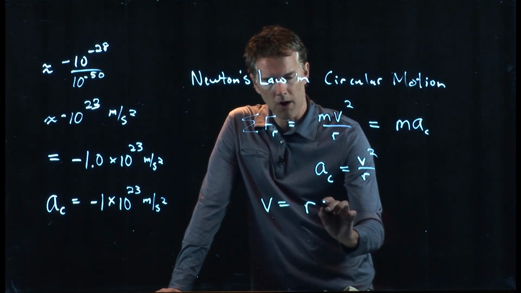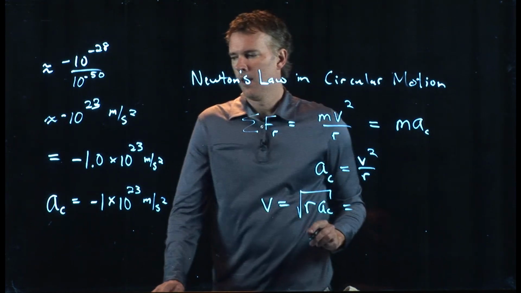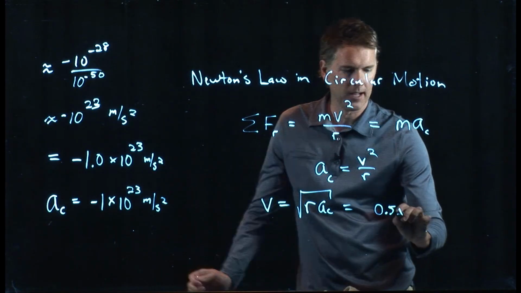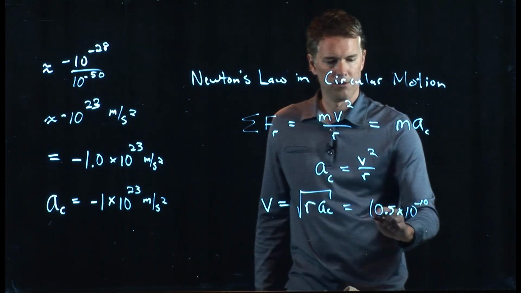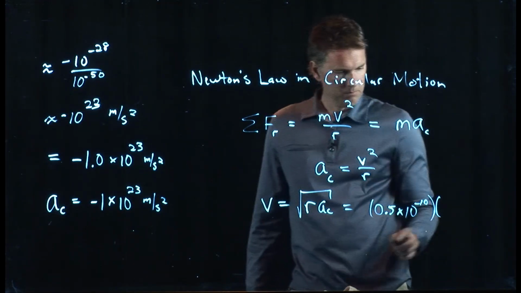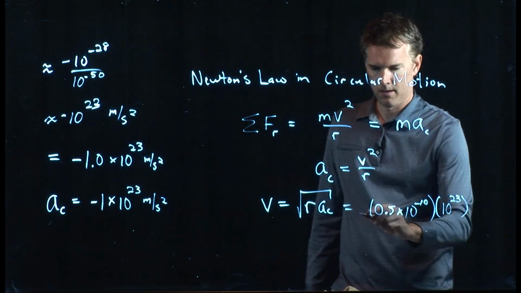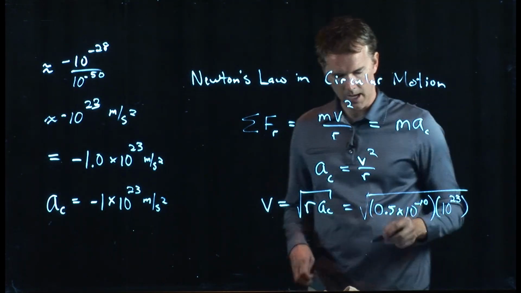And we can solve this now for v. v is r times a_c, square rooted. And we know r. We said r was half an angstrom, 0.5 times 10 to the minus 10. Put some parentheses around that. a_c, we just found, it's 10 to the 23. SI units, we'll take the square root, and that should do it.